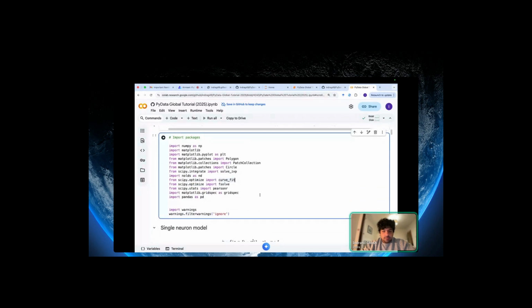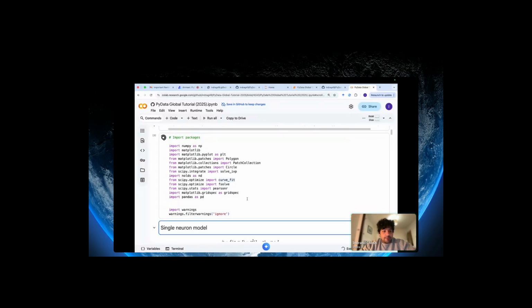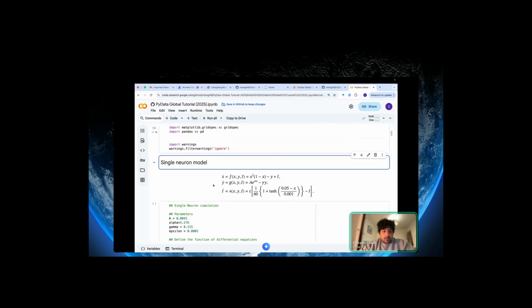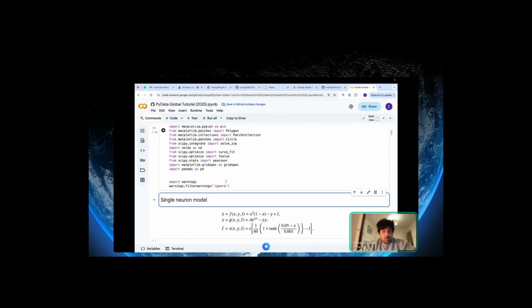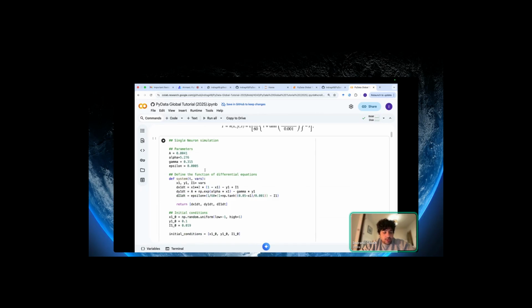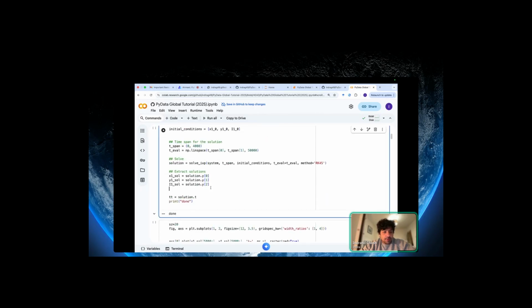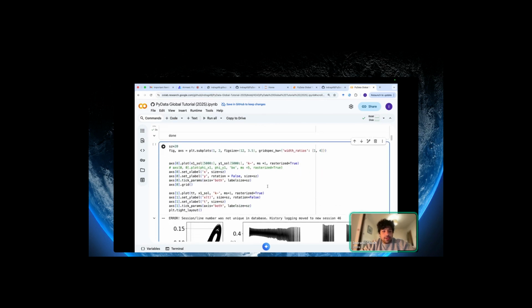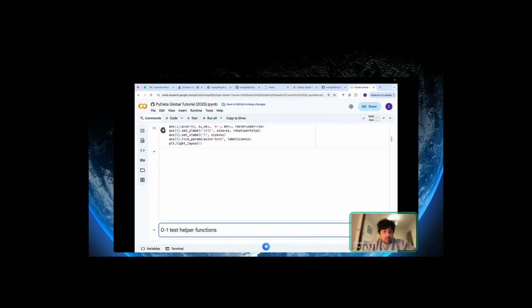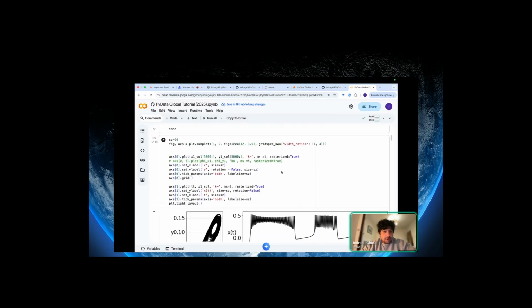Then you need to import the packages. And then I have put the equation for the single neuron here. This is just a Python version of the equations with the initial time point and everything that I showed in one of my slides. You run it, you collect the solution and the time series as the timestamp, and then using Python Matplotlib, you just plot them.